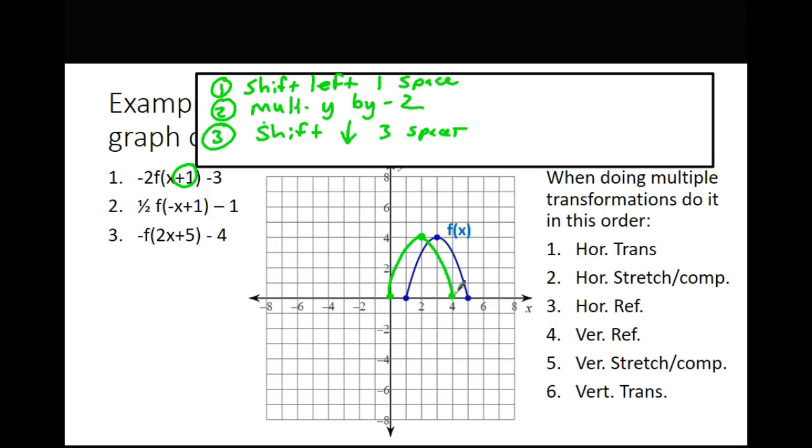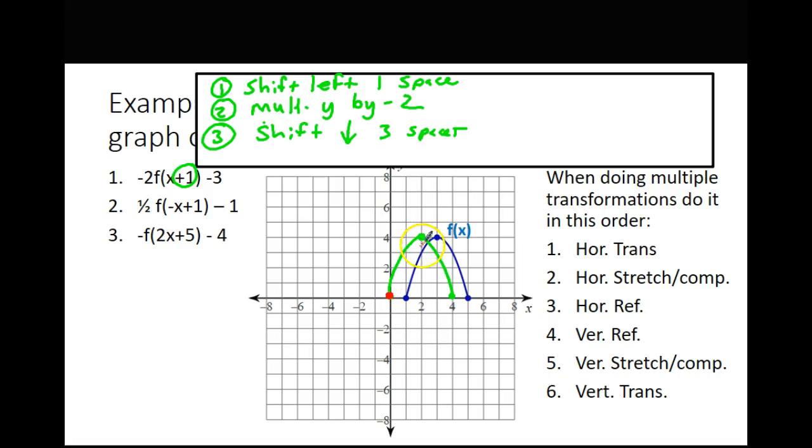What do I do next? Multiply every y value by -2. I'm going to change colors here. The 0 stays there. The y value is 0, right? So if I multiply that by -2, it stays. What's this y value? 4 times -2, which is... oh my, I'm stupid. -8.